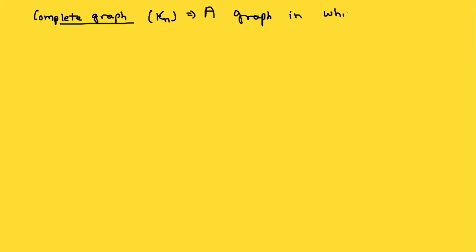What is a complete graph? A complete graph is represented by Kn. Very important, it is a graph in which all vertices are connected with each other.